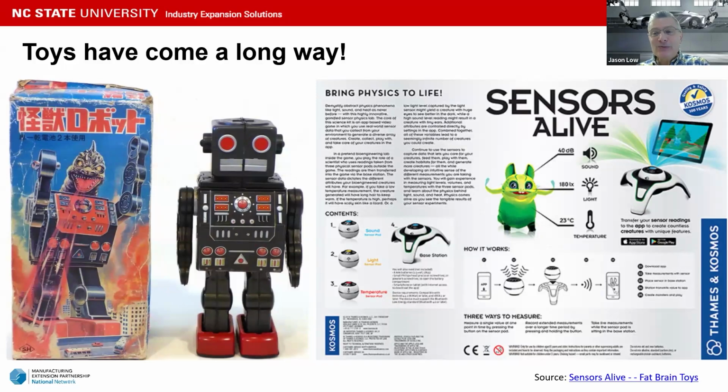Now go to where we are today. Perhaps some of you have kids that live in these virtual environments, and this is something relevant to that, where there is a physical device. Here we see a sound, a light, and a temperature sensor that you can, as a pod, put into this device that can read something from our physical environment and change something in the virtual environment.